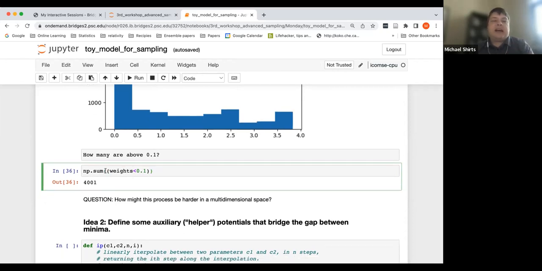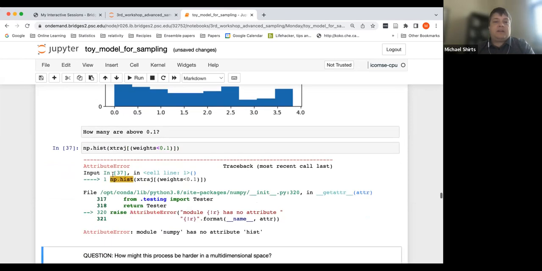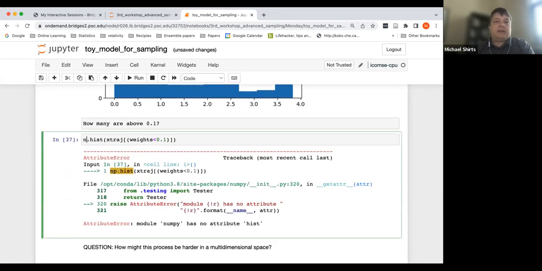And if we look at, let's look at a histogram of, it's plot.